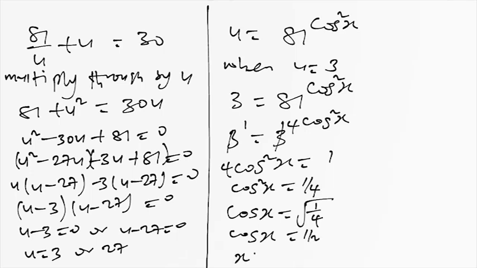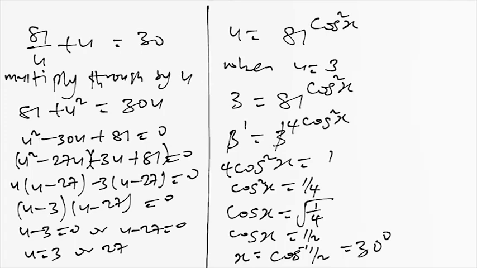Then our x will be equal to arc cos of 1 over 2. And if you use your table, when you find arc cos of 1 over 2, it's the same thing as sine of 30 degrees, and that will give us 30 degrees.